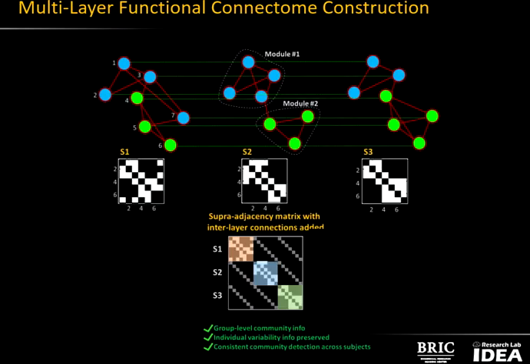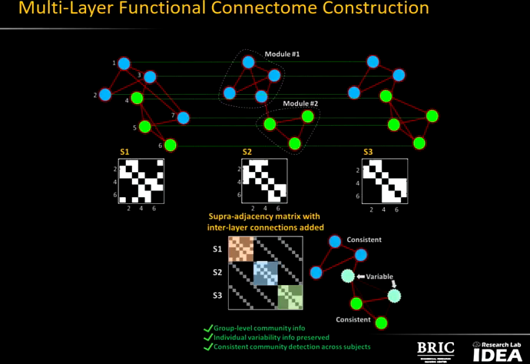Each subject's functional connectivity matrix is in the main diagonal, and here is the interlayer functional connectivity. Based on this big matrix, we can get the module information, and this module information can be both group level and individual level, so we can have the individual variability information.